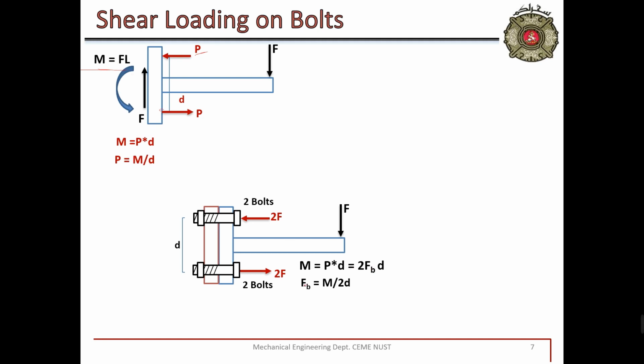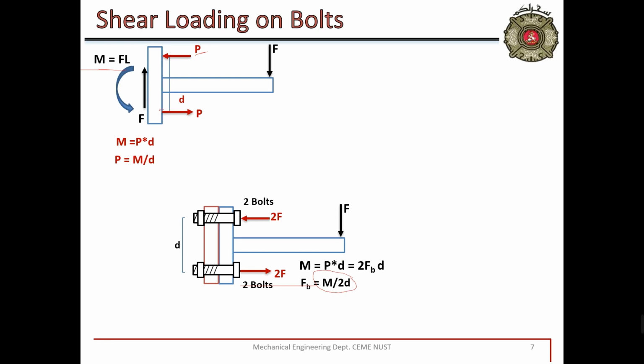The final force on the bolt comes out to be M divided by 2 into d, and this M is equal to F into L. It depends on the length and the external load. So to support this load, we should have a bolt supporting a load equal to this amount. And how to support the load, we have already studied in the previous sections.